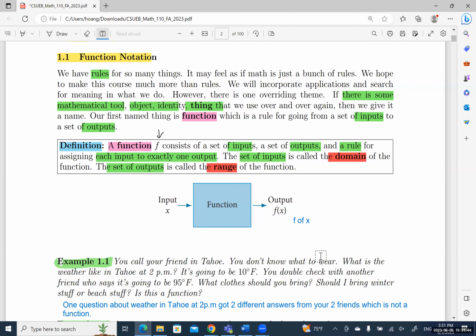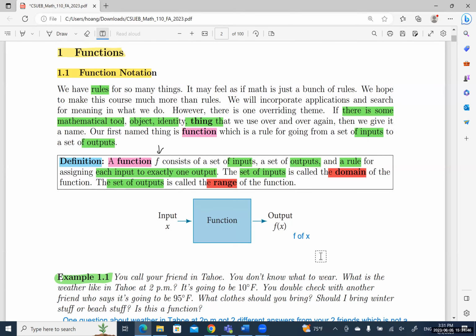Okay, so let's do some examples about functions. I would like to have an example about not a function first. Let's say you want to go to Tahoe, right? And you call a friend in Tahoe to ask what you're supposed to wear.